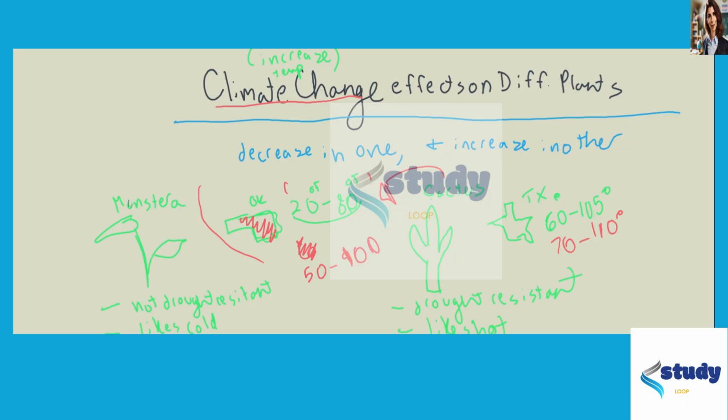And as this Monstera, let's give it little X's, is dying, it is going to leave over some dirt. And then this cactus is going to be doing better. So, smiley cactus. And it's going to be able to live in this dirt that the Monstera was occupying, okay?